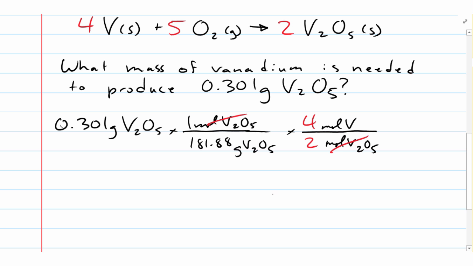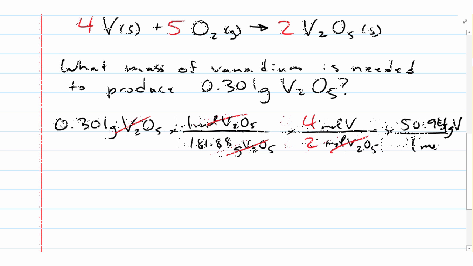These units are going to cancel. And then our last conversion here is going to be times the 50.94 grams of V for every 1 mole of V.